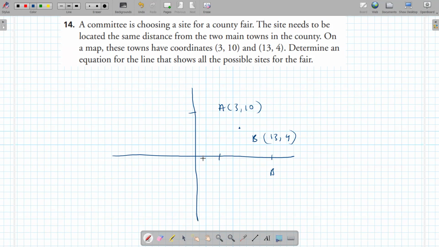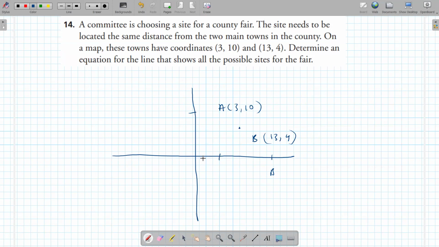It's going to be the same distance. Equidistance. What comes to mind when you think of equidistance? The midpoint, but there could be multiple points that are equidistant. So the perpendicular bisector would be best.